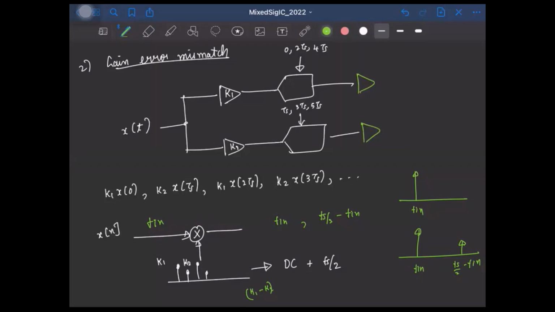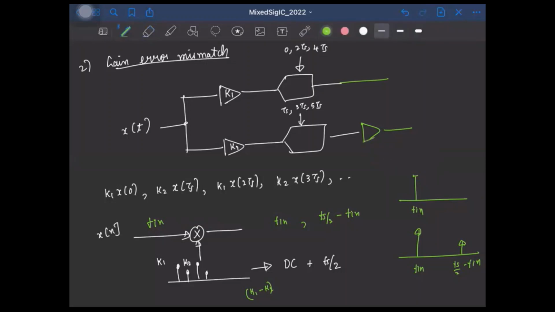I'll call it some, I don't know, A1 and A2. Okay, and I can tweak these values of A1 and A2 such that the gain error is reduced, right? So ideally, if A1 is say 1 by K1 and this is 1 by K2, you'll not have any gain error, right? Or you don't even have to have two gains. You can just have one here, right?